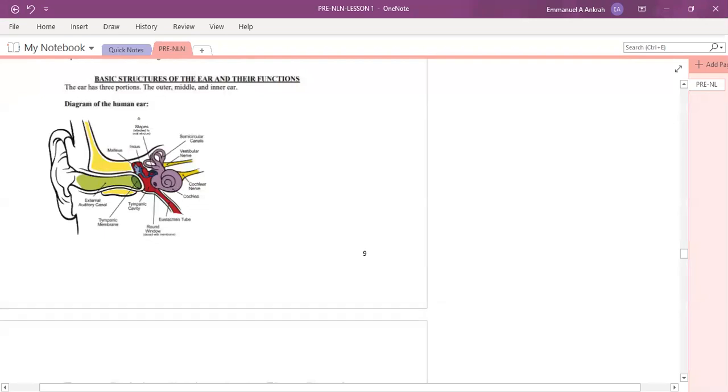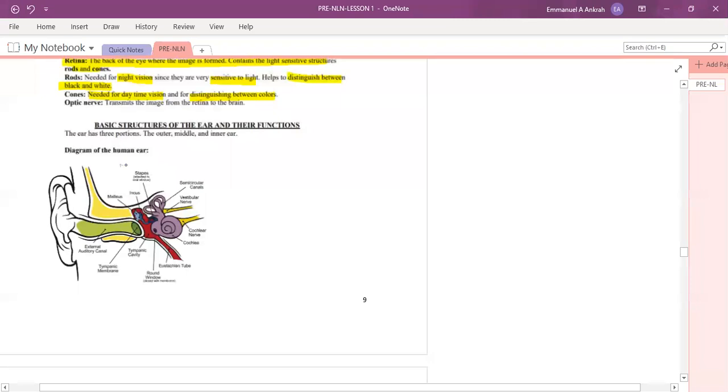The outer ear, if I draw up to here, this is the outer ear, from the external part, called the pinna, to the tympanic membrane. Then the middle ear is from the tympanic membrane to this structure, the cochlea.